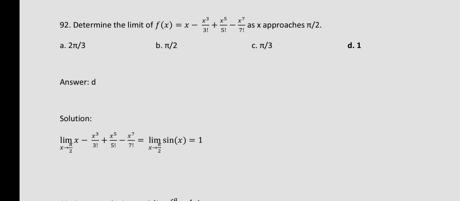Number 92. Determine the limit of f of x equals x minus x cubed over 3 factorial plus x raised to 5 over 5 factorial minus x raised to 7 over 7 factorial as x approaches pi over 2. The answer is letter D, 1.